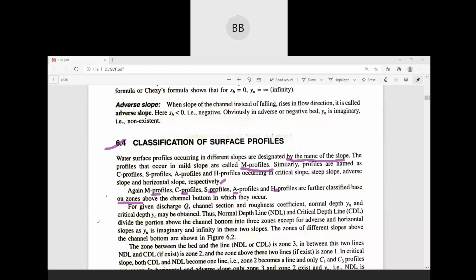So based on which zone the profile is in, we rename those profiles, like M1, M2, M3, C1, C2, C3, S1, S2, S3, and so on. Depending on which zone the profile occurs, we classify again.